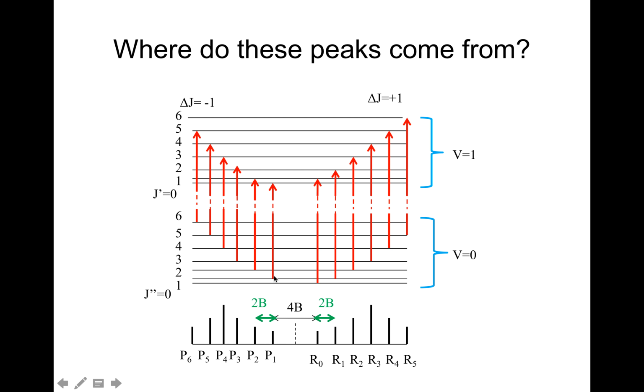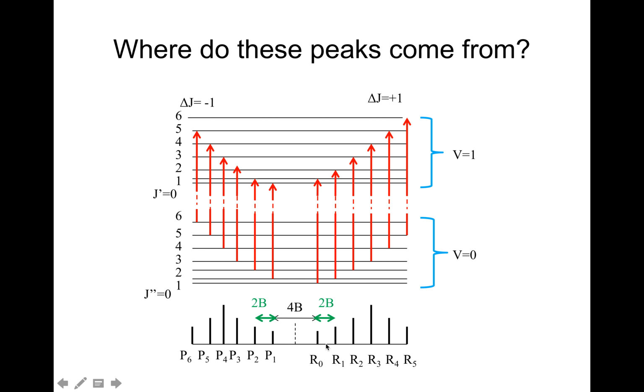That is 1 to 0, or call it 2 to 0, 3 to 2, hence satisfying the -1. Whereas on the other side, we have 2 to 3, satisfying delta J is +1. And those peaks can be represented in terms of intensity and positions as shown here.